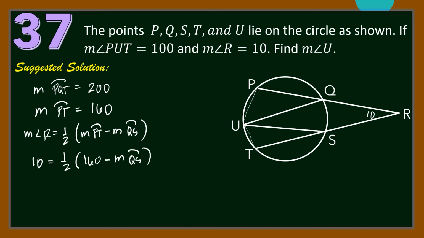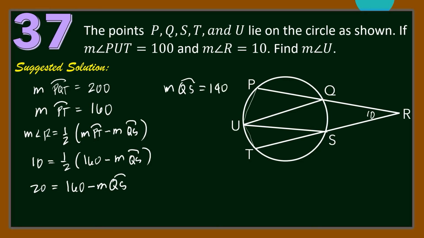Let us solve for the measure of arc QS. Then we have 20 is equal to 160 minus measure of arc QS. Then the measure of arc QS is equal to 160 minus 20, and that is equal to 140 degrees.